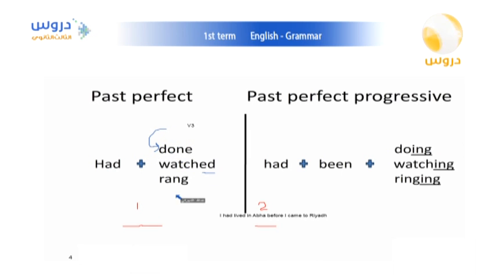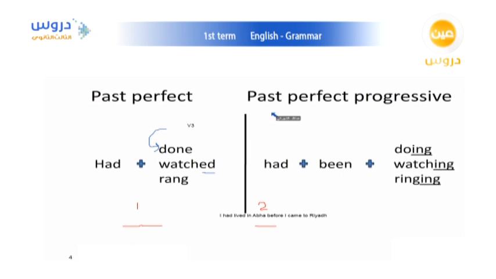Done, watched, rang, spoken, gone: had done, had watched, had spoken, had rung. This is how to form a past perfect. So you always need had plus verb 3.